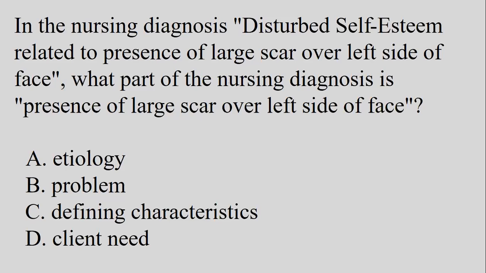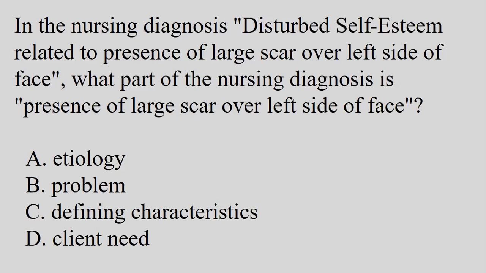Okay, so this is saying in the nursing diagnosis, disturbed self-esteem, okay? And that disturbed self-esteem is related to that large scar. So it's that large scar that's causing her to have a disturbed self-esteem. So it's asking what part of the nursing diagnosis is the presence of the large scar over the side of the face.